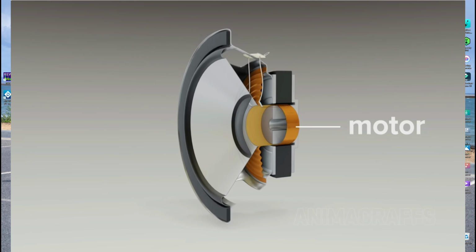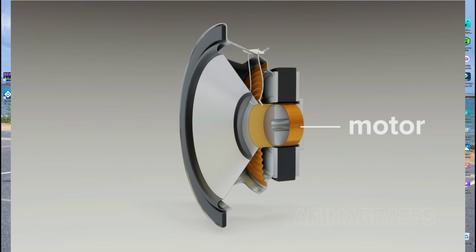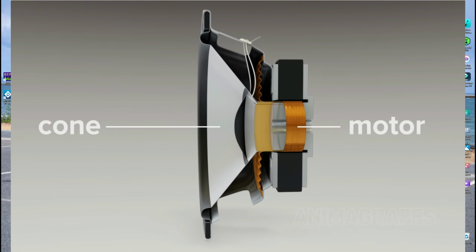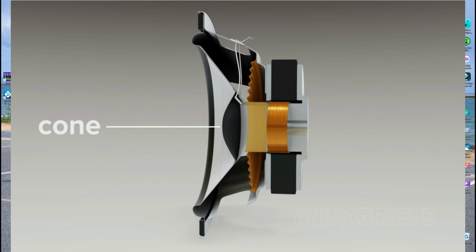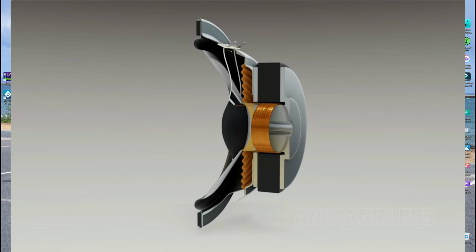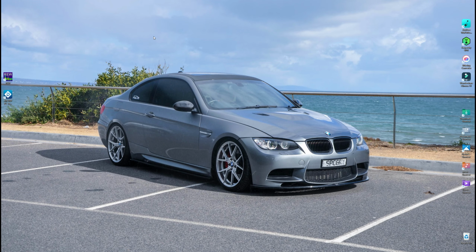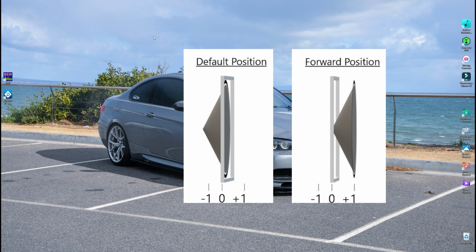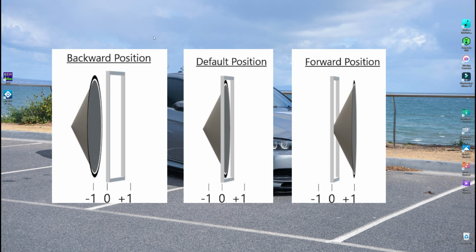Now, a speaker creates sound because it has a motor and a cone that move back and forth. And as the speaker pushes in and out, it creates an acoustic pressure wave that travels through the air. So when the amplifier applies a positive voltage, the speaker pushes out, and when the amplifier applies a negative voltage, the speaker cone pulls in.